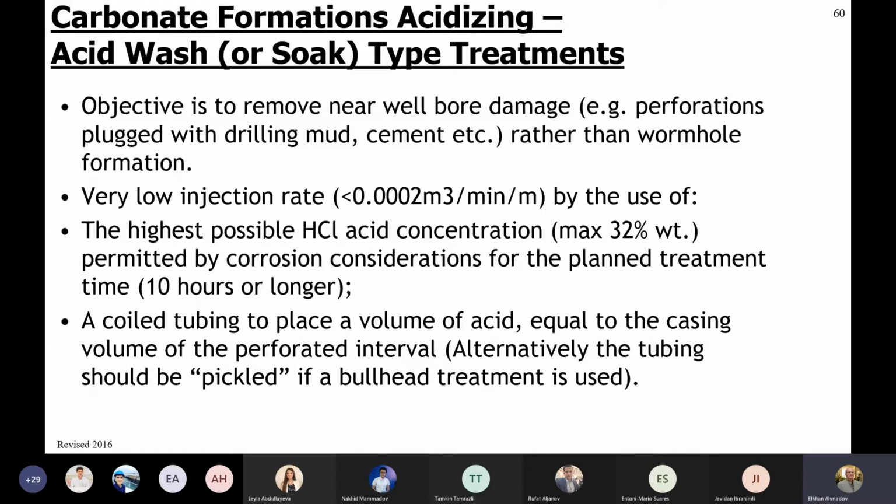In this case, with coil tubing, we replace the volume of acid equal to the casing volume and perforated interval, and then we leave it to let the acid do the job around the near-wellbore damage, perforations, and the completion around the cement.